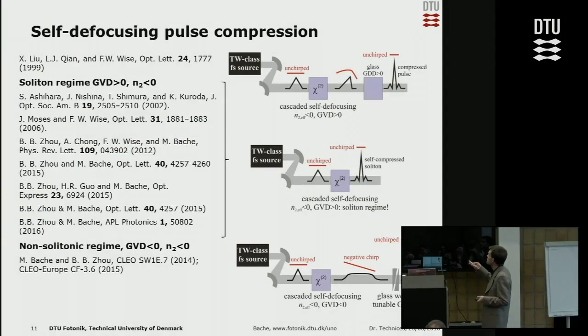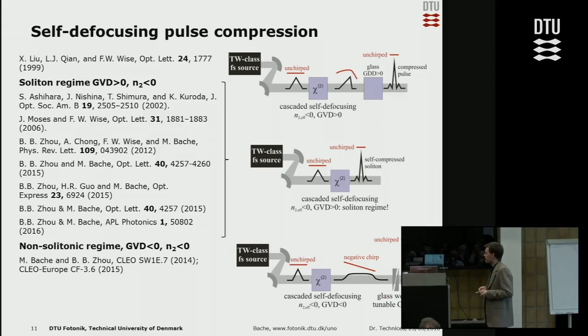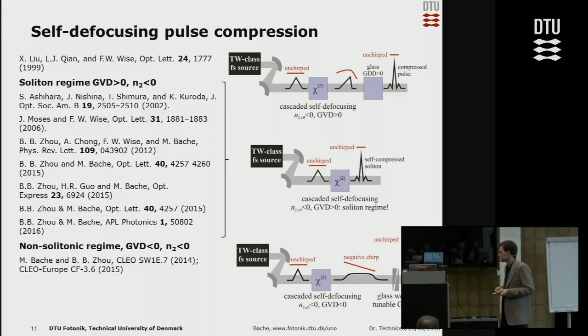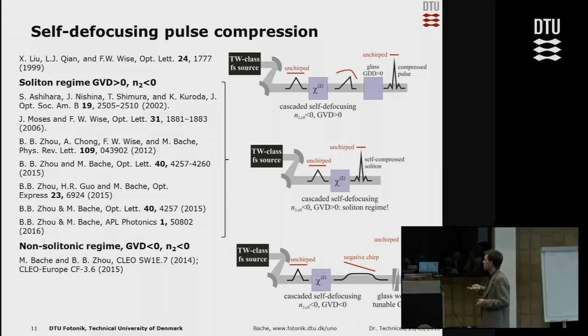So in the beginning, these nonlinear crystals were not very practical because of issues with polarization. But we discovered a new way of doing it that allowed us to go to more practical applications of pulse compression. And then finally, we have also investigated a so-called non-solitonic case of this pulse compressor.